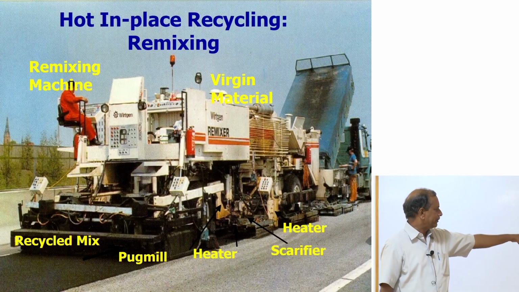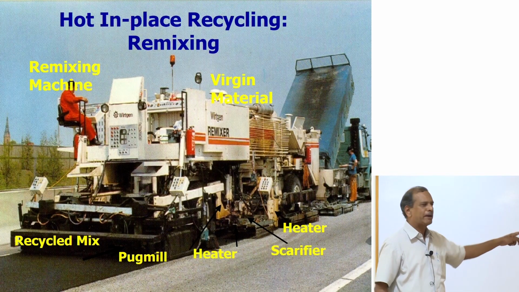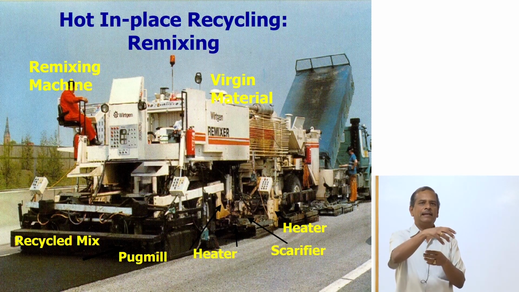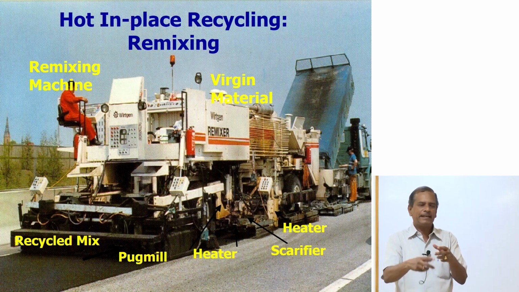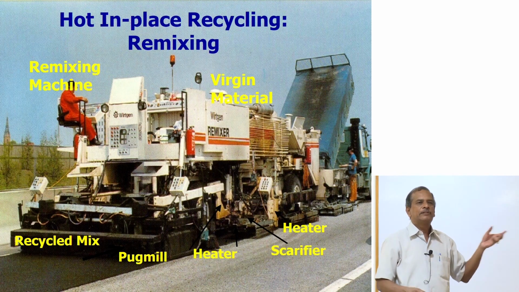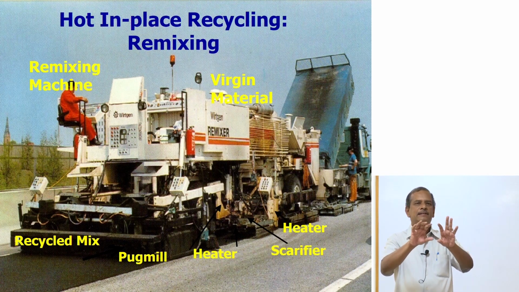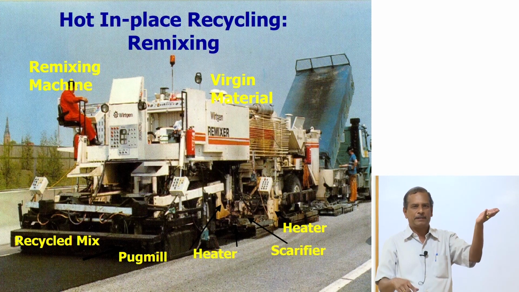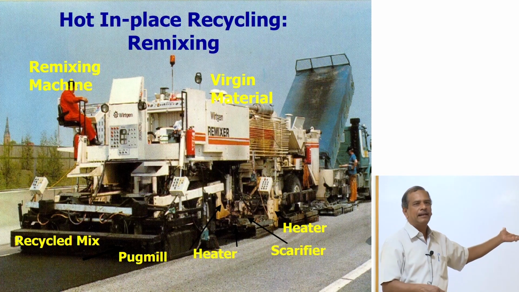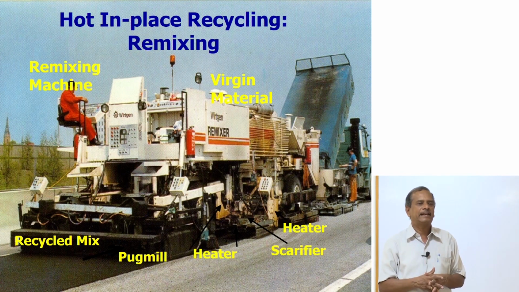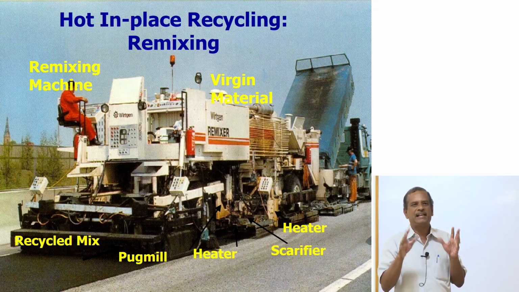Once I scarify the material, you have a pug mill where I bring in virgin material, aggregates, mix the material and lay it back. With the result, the finished road surface will be approximately similar to that of the old deteriorated pavement. I am reusing the material, so the requirement of virgin aggregate will be very, very little.